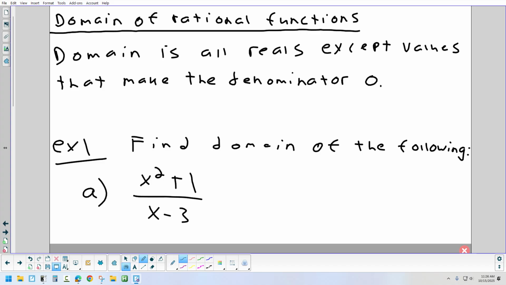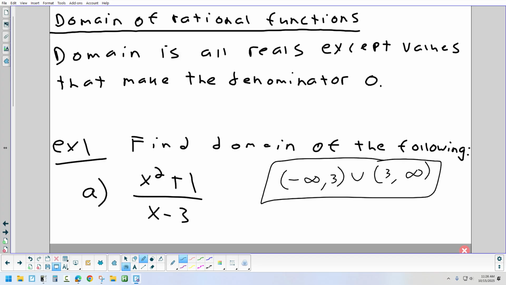If I asked you to write your answer in set notation, you would have to write something like this. You could pick anything that's lower than 3. You could pick anything that's higher than 3. You just can't pick 3. Okay, so that's set notation.